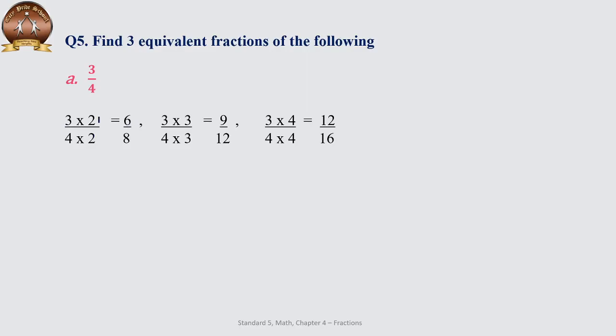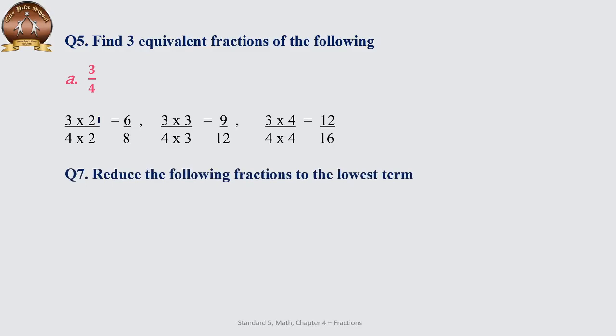So 3 upon 4 is multiplied by 2 in the numerator as well as in the denominator, and we get 6 upon 8. 3 by 4 is multiplied by 3 in the numerator as well as in the denominator, and we get 9 upon 12. And in the third one, 3 upon 4 is multiplied by 4 in the numerator as well as in the denominator, and we get 12 upon 16. So from here we conclude that 6 upon 8, 9 upon 12 and 12 upon 16 are equivalent fractions.